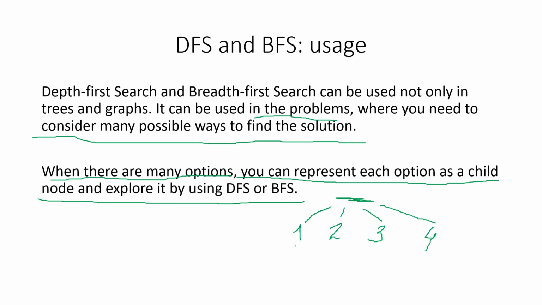And each of these options has further options, let's say 5, 6, 7, 8, 9, and 10. If we have that kind of problem where we need to consider all the options and these options have other options, we can apply BFS or DFS. And even though that problem maybe wasn't represented as a graph or tree, we can convert that problem into a tree or graph.